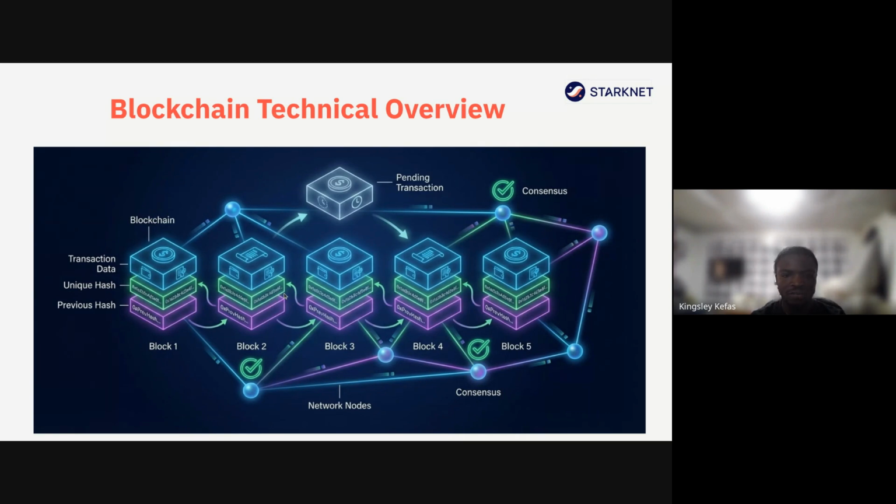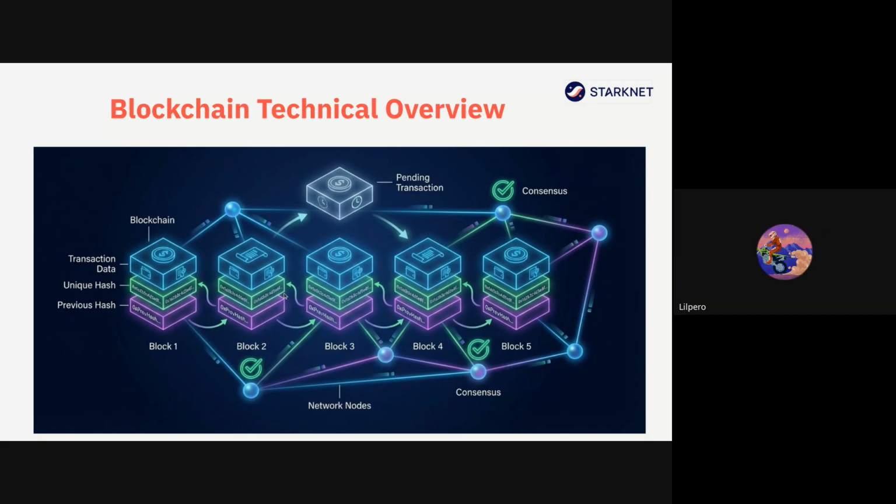So I don't know if there are any questions before I continue. Yeah, Peter. The previous hash is still also connected. The unique hash is the previous hash on block 2, but the previous hash on block 1 is still referring to the previous hash in block 2. Okay.